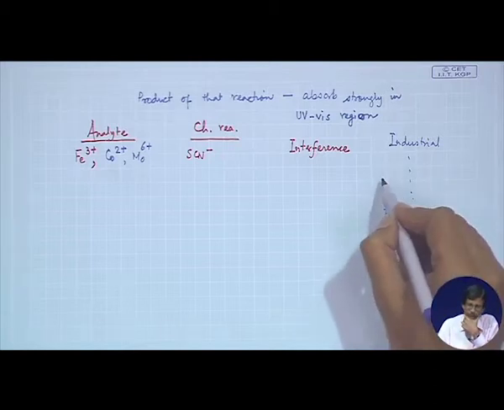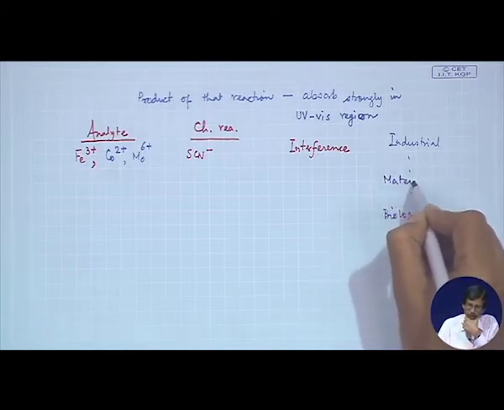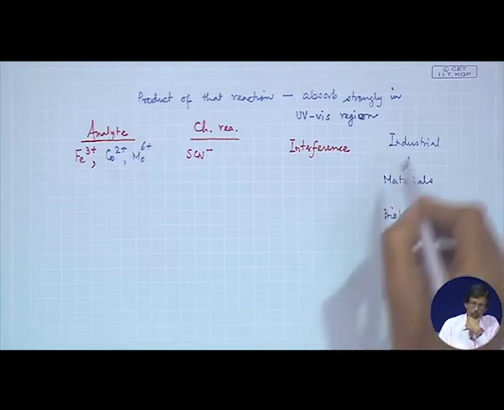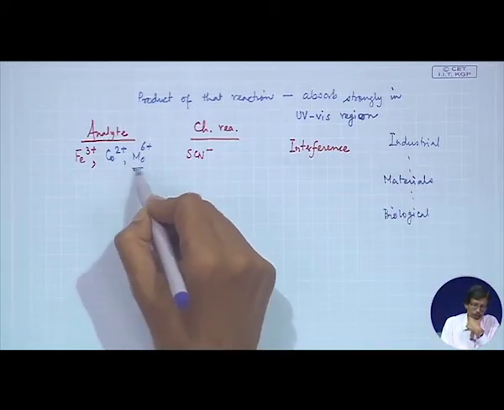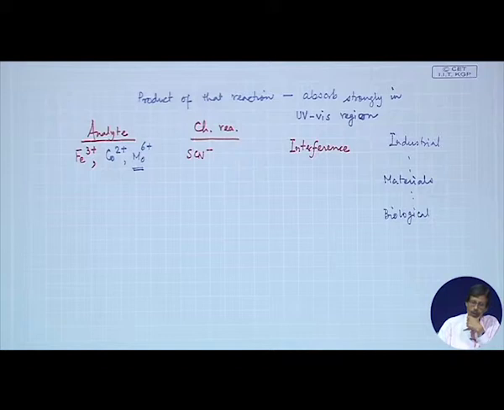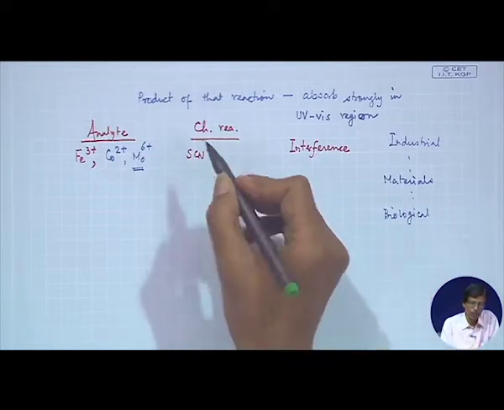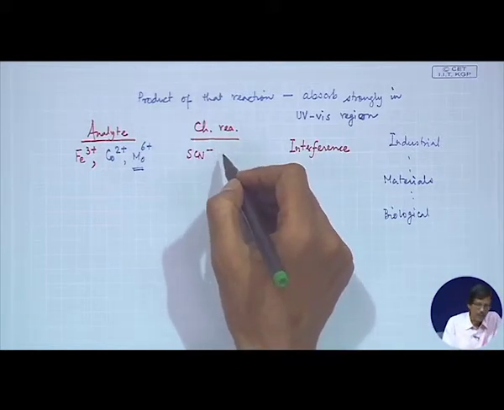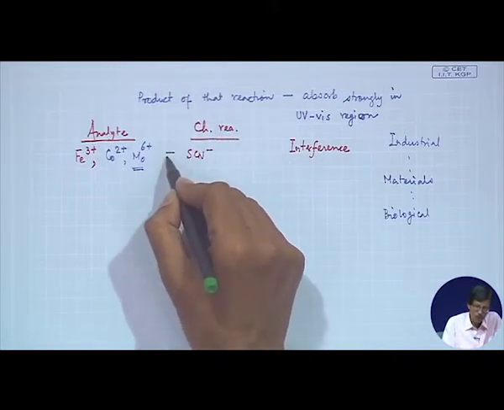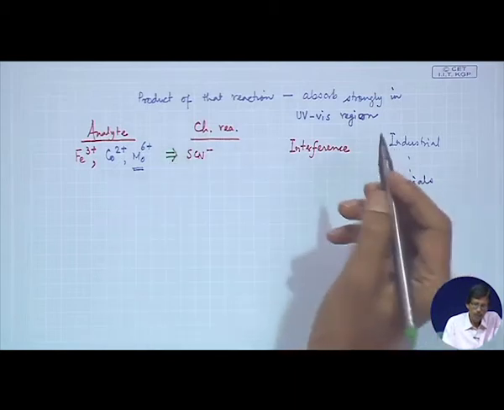So, in between you can have different materials. If all these have a molybdenum center, and we want to measure the unknown concentration of molybdenum, we can safely use thiocyanate ion for that particular purpose. So, this is useful for thiocyanate.